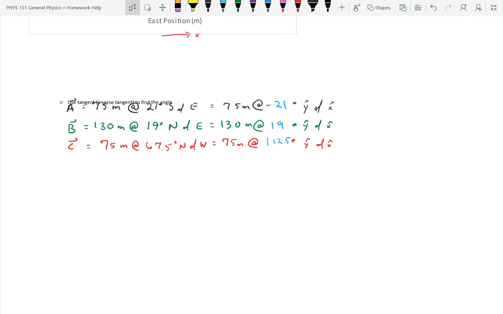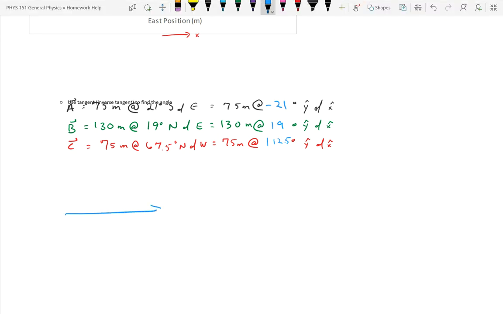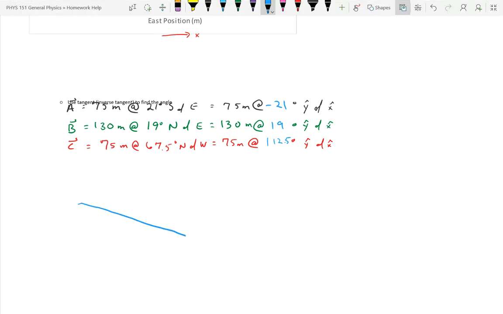We're close. So here I have them written out. Now I need to break them into components. So let's just draw this A vector by itself. Here's my x-axis. I have an angle that's something like this.